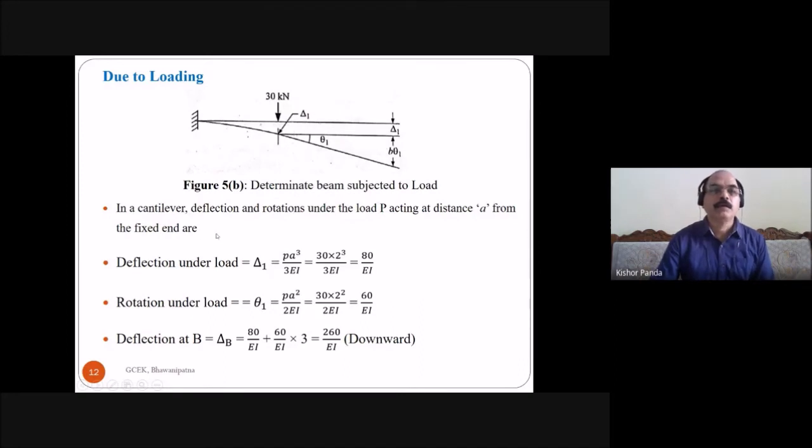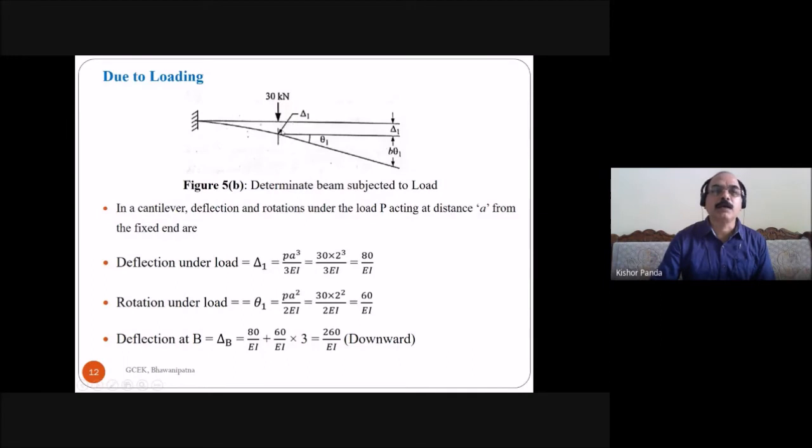Delta 1 is the deflection and theta 1 the rotation in a cantilever under the load P acting at a distance A. This is the A distance and this is the B distance. A is 2 meters, B is 3 meters.